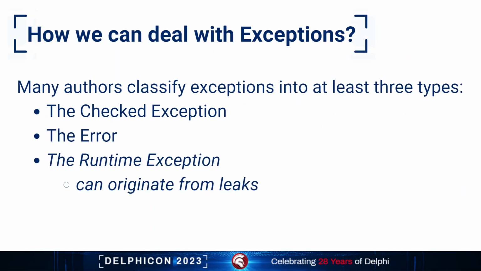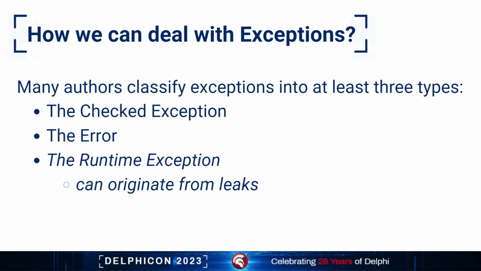And many authors, not as a computational structure but just for concept, classify exceptions in at least three types, right? Checked exceptions like file not found, error exceptions like server not found, and runtime exceptions, which cover all these exceptions that we developers generate in runtime.